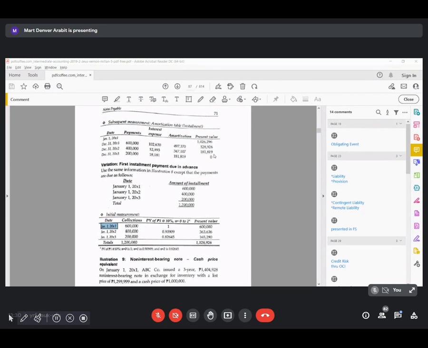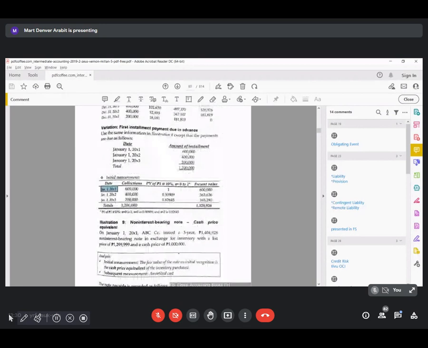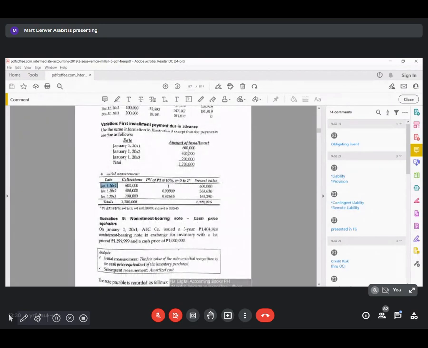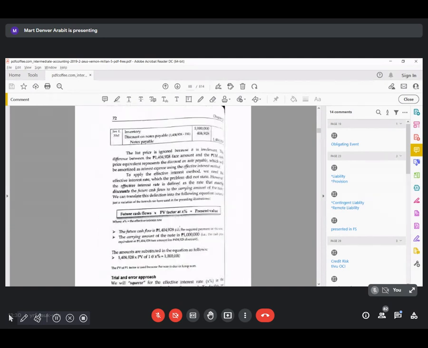Okay, so next is illustration 9. Non-interest bearing note with cash price equivalent. So, start tayo. On January 1, 2021, ABC Company issued a 3-year note amounting to roughly 1.4 M, non-interest bearing, in exchange for inventory with a list price of, let's say, 1.3 M and a cash price of 1 M. So the note payable is recorded as follows.